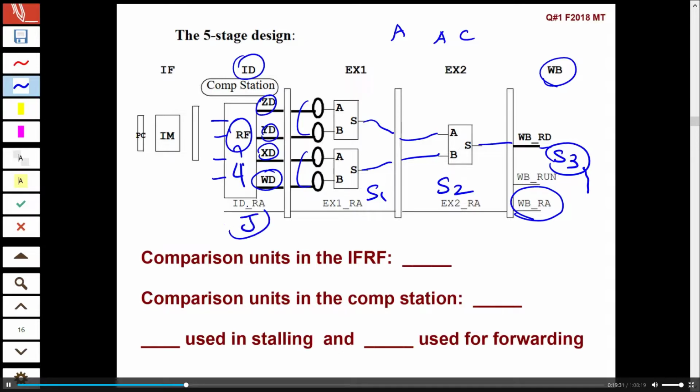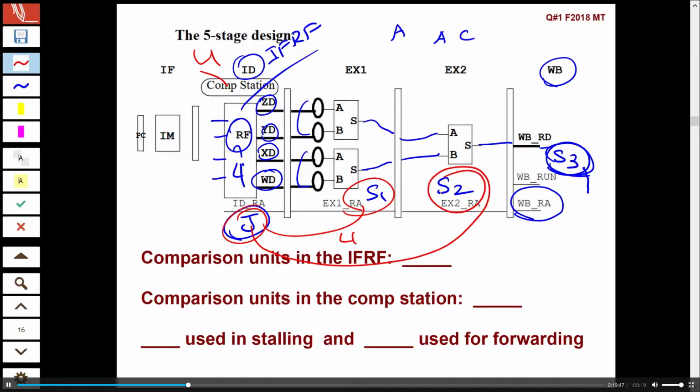Apart from this junior being dependent on this senior, which is taken care of by the internally forwarding register file, we have this junior dependent on senior 1. So that requires 4 comparison units here. And this junior dependent on this senior does 4 more comparison units.